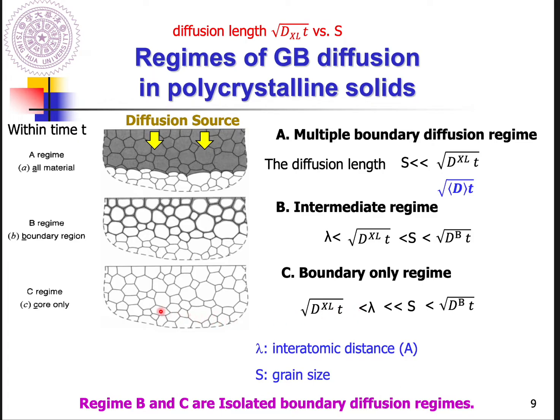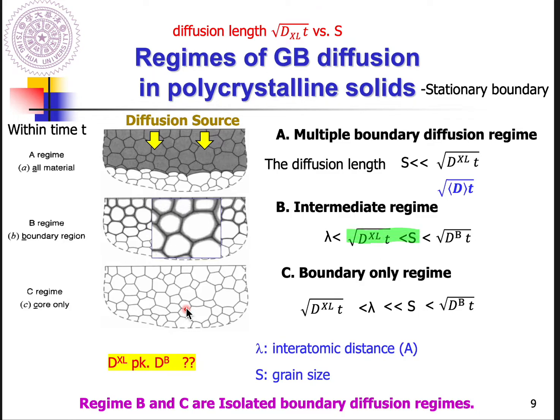So you can get some picture or idea of how the difference between D_XL and D_B gives different kinds of diffusion patterns for grain boundary diffusion, right?